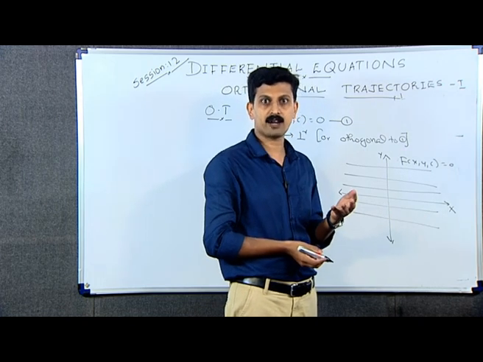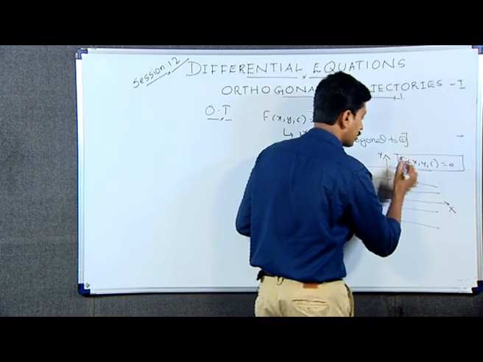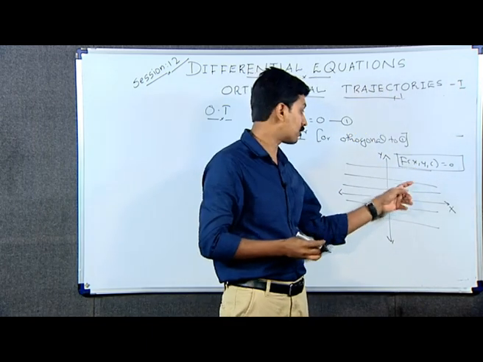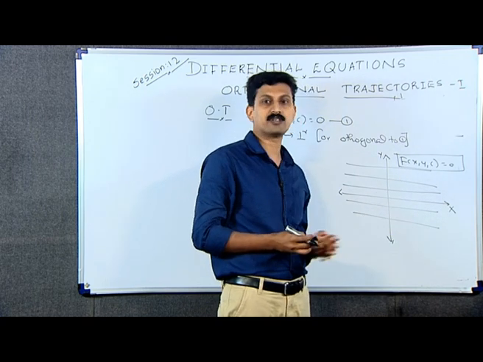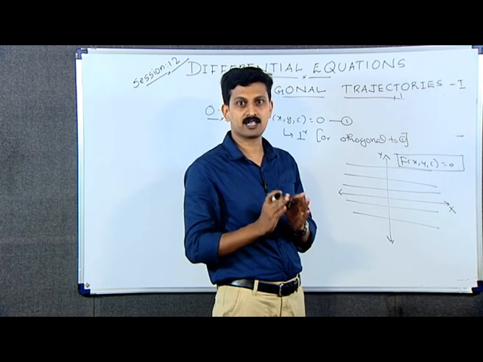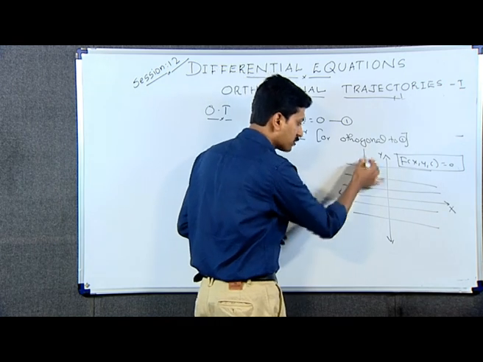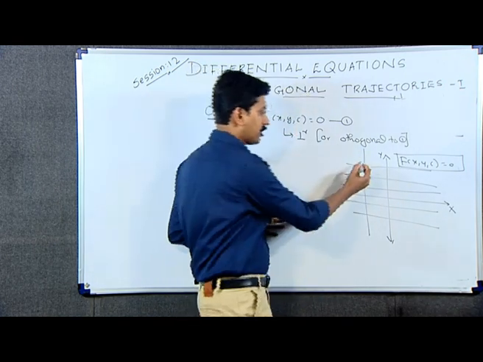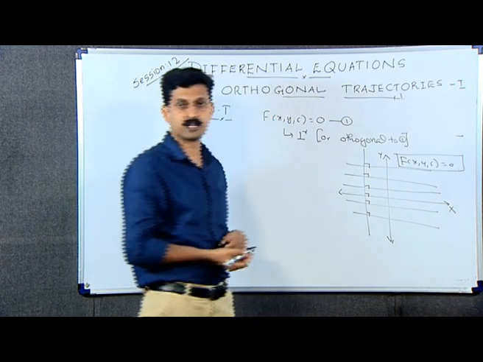We have to find the orthogonal trajectories of this f of x, y, c equal to 0. That means we have to find the orthogonal trajectories of the family of straight lines parallel to the x axis. Simply, which are the curves or lines perpendicular, orthogonal to these lines? Simply we can draw a line like this which will make an angle of 90 degrees with each line.